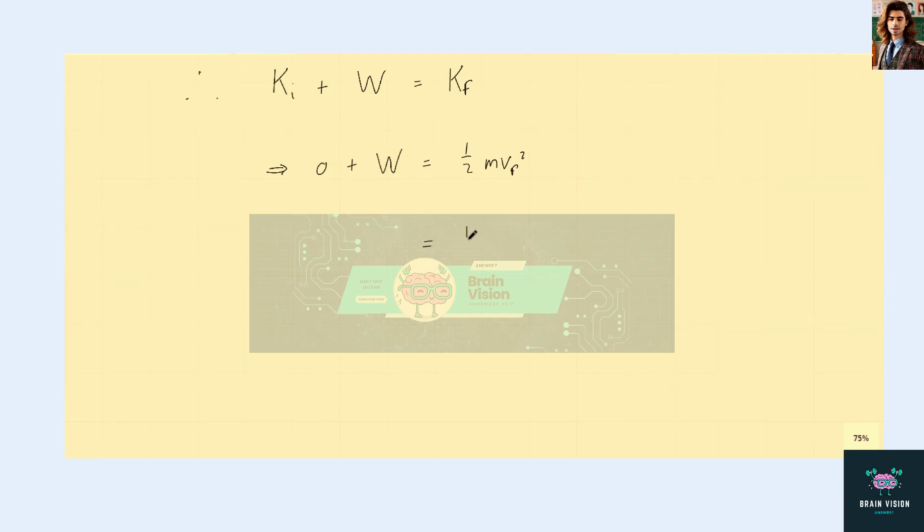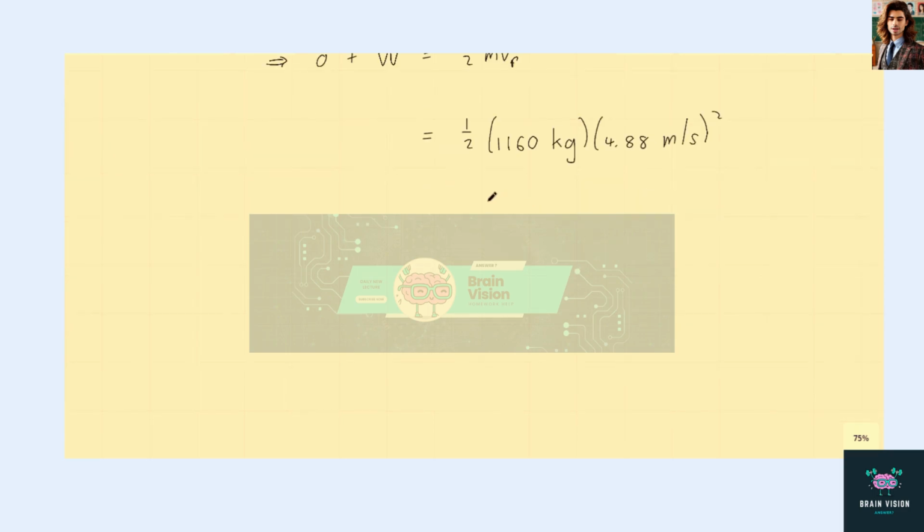This is equal to a half times the mass of 1,160 kg times the speed 4.88 meters per second all squared, which gives us the change in kinetic energy during this interval to be 1.38 times 10 to the power 4 joules. So that's the total change in kinetic energy, and hence the total work done by the car in this process.